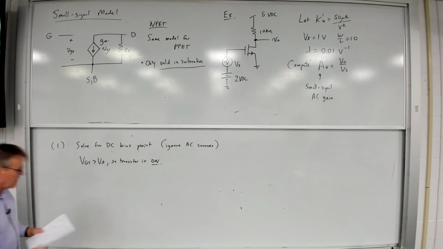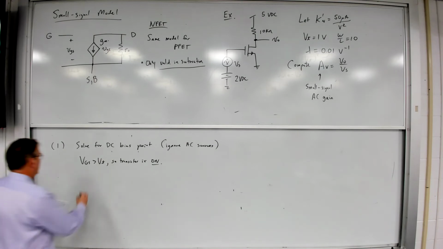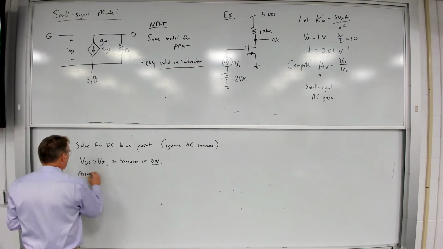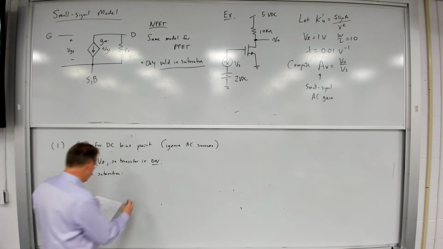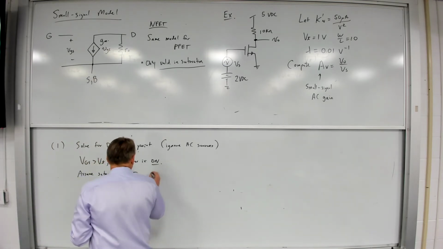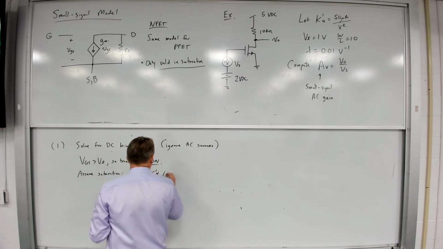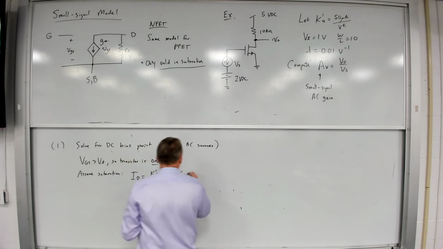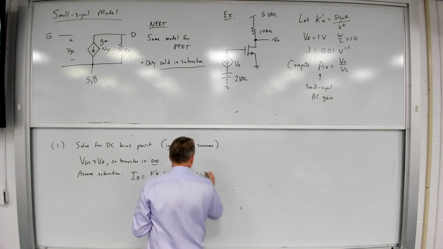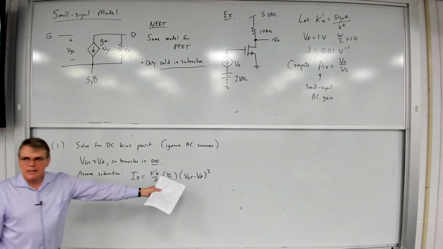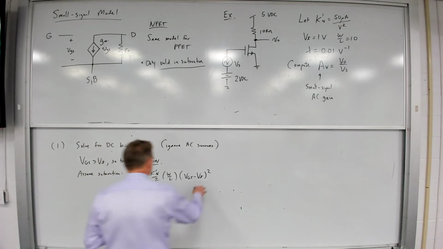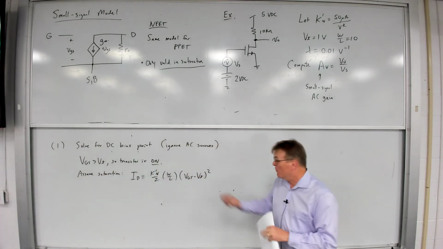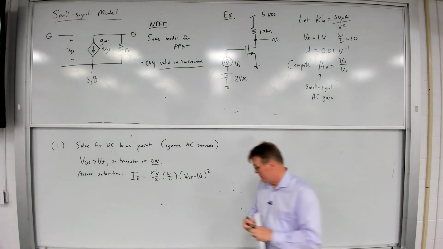Well, if it's on, let's assume it's saturated. If we assume saturation, then ID is equal to K prime N over 2 times W over L times VGS minus VT squared. And once again, notice in my DC equations, I ignore lambda. I'm doing that because ignoring it simplifies my math and only causes a slight error in my DC values.